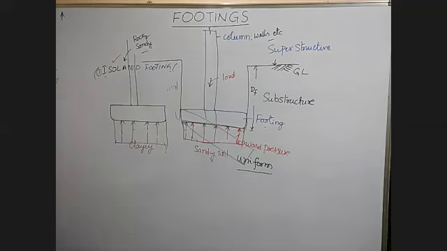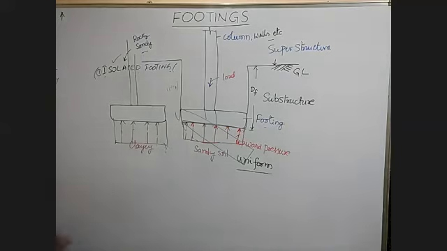Isolated footing means the individual footing under a single column. Where it is constructed on good soil and sufficient area is available, these footings are economical.